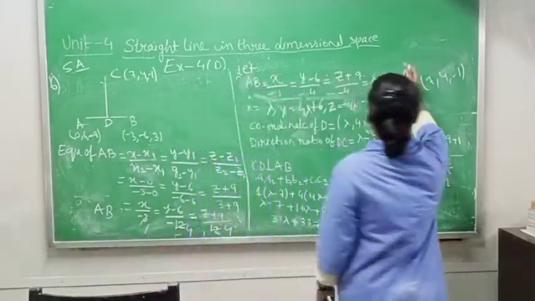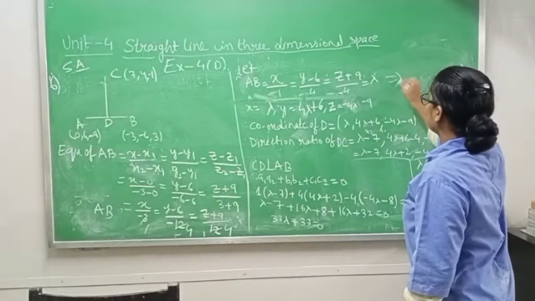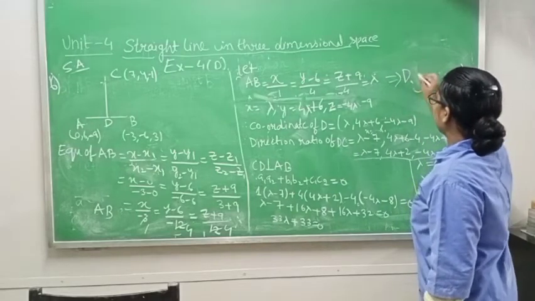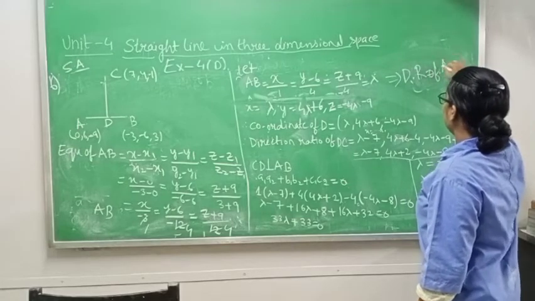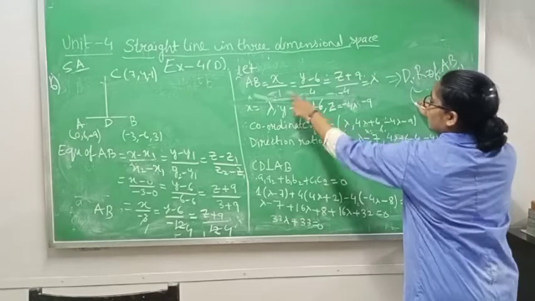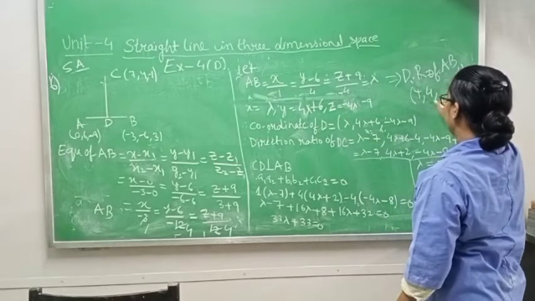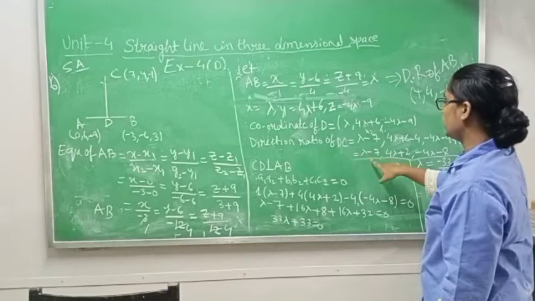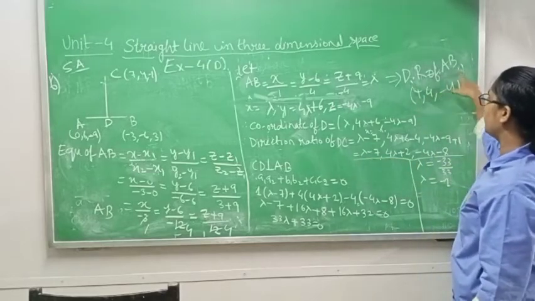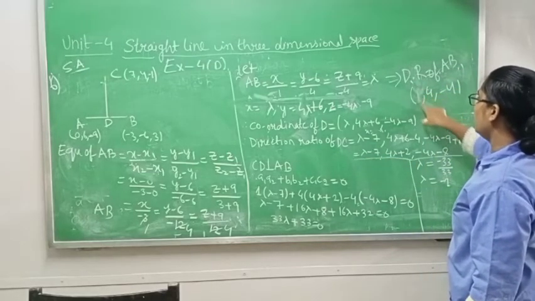Okay, if you want to write, you can write it there also. I am writing D.R., meaning direction ratio of AB is 1, 4, minus 4. So if both are perpendicular, the direction ratio of CD or DC is this one and the direction ratio of AB is 1, 4, minus 4.